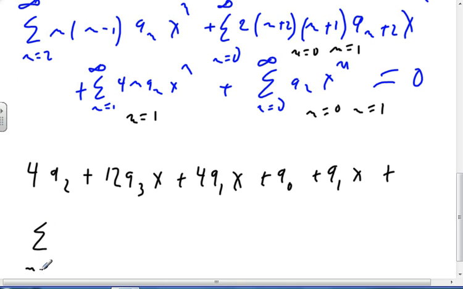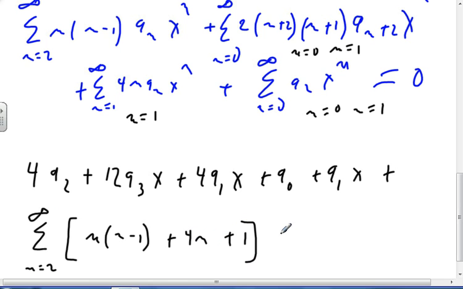Summation n equal 2 to infinity, n minus 1 plus 4n plus 1 a n.